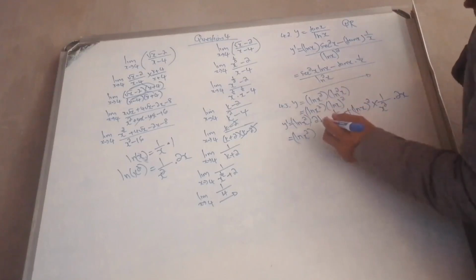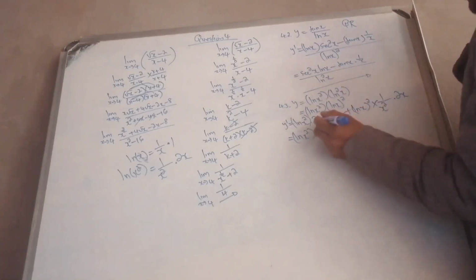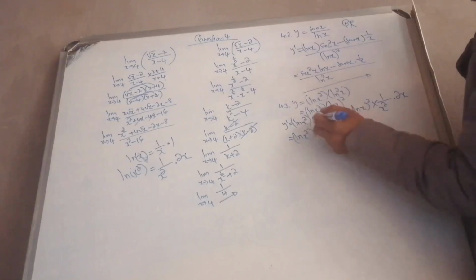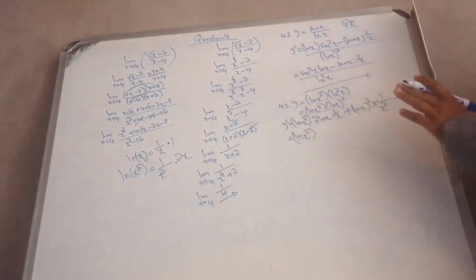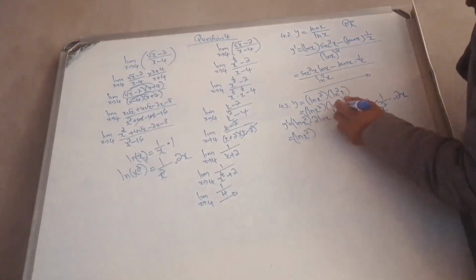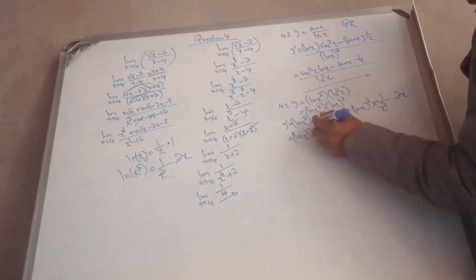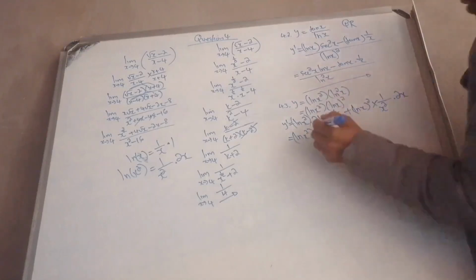So I can't say, okay, here is an angle of x, therefore I'm going to say 2 times 1 over x, giving you 2 over x. No, you can't do that. You bring down the 2, you hold the angle, and then you differentiate the angle. So this cannot be simplified any further.